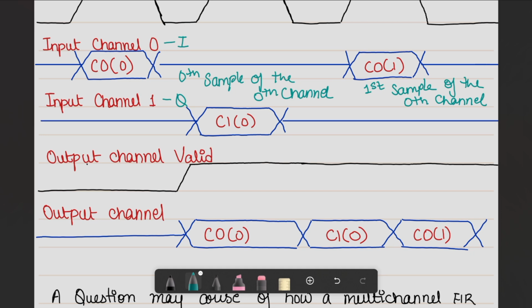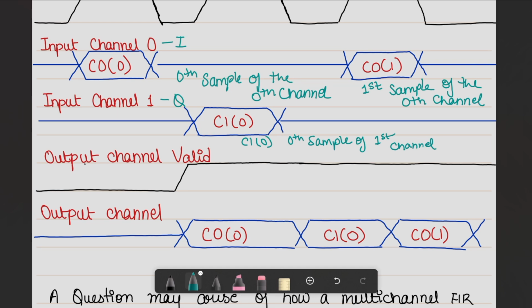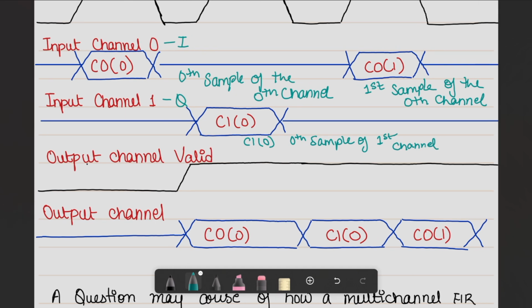Over here, it is named as C10. This follows the same nomenclature, which means this is the 0th sample of the first channel. In case I had a fourth valid input on the input channel 1, it would be named as C11. Using the nomenclature, it would mean the first sample of the first channel.